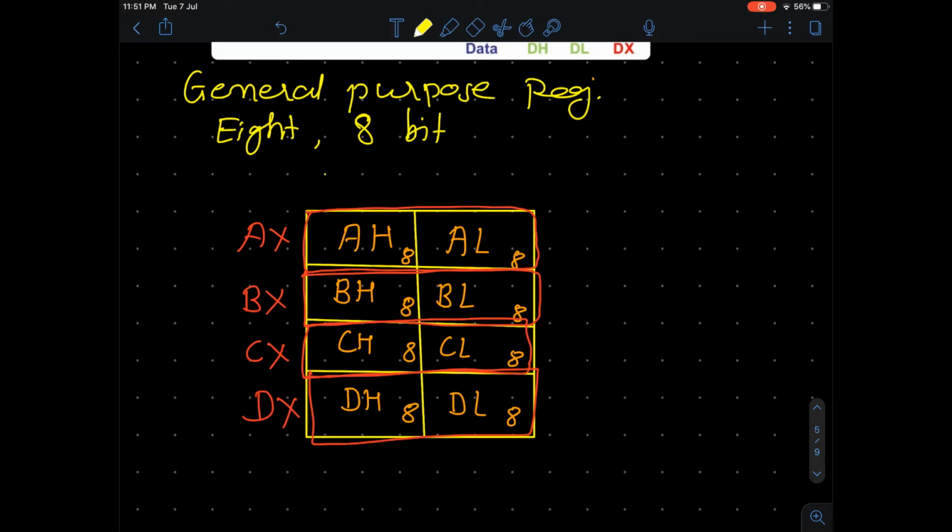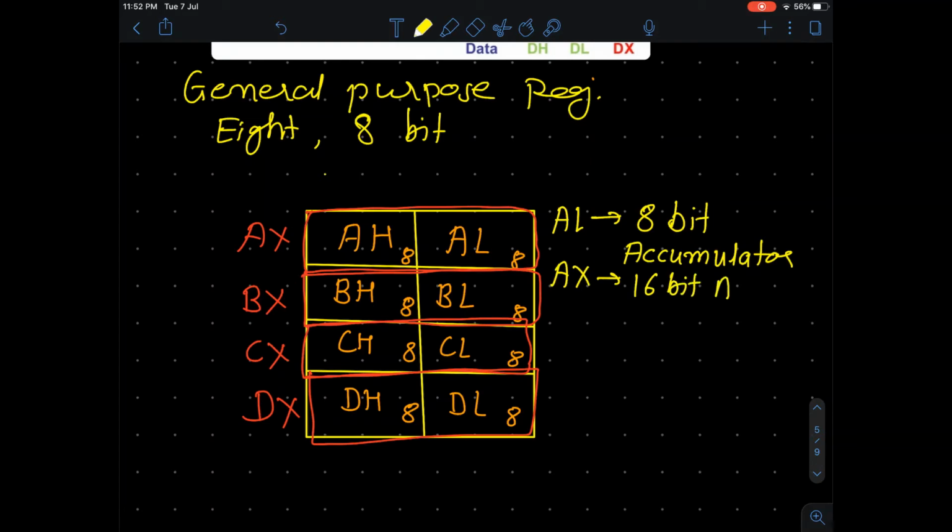Now, depending upon the use of these registers, they are identified by different names. This AL register is also called the 8-bit accumulator, and the AX register is referred to as the 16-bit accumulator.